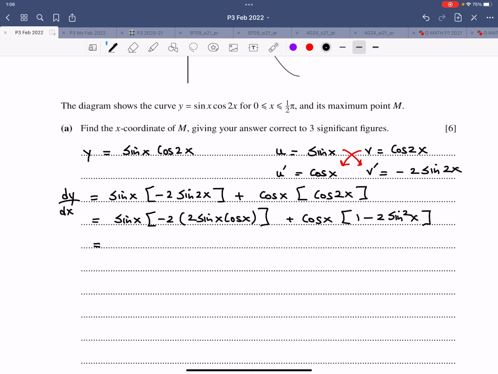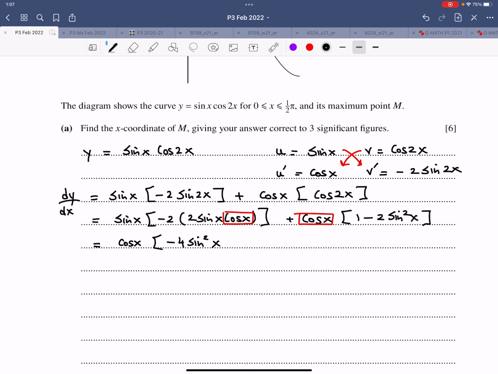Let me proceed and let's see what happens. Can I take something common out? I can take cosine common out, and I think other things would simplify. So let's proceed with this and let's see how it goes. So now let me take cosine x common out, and this is 2 into 2 is 4, and this is negative 4 sine square x.